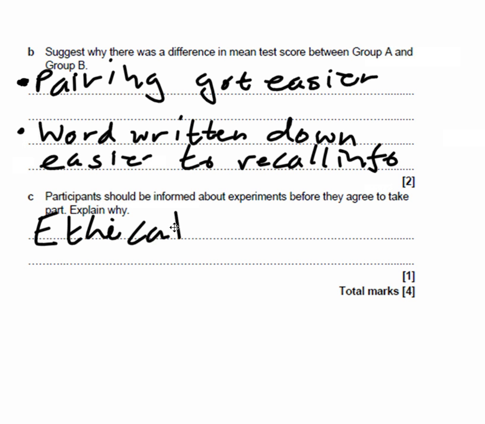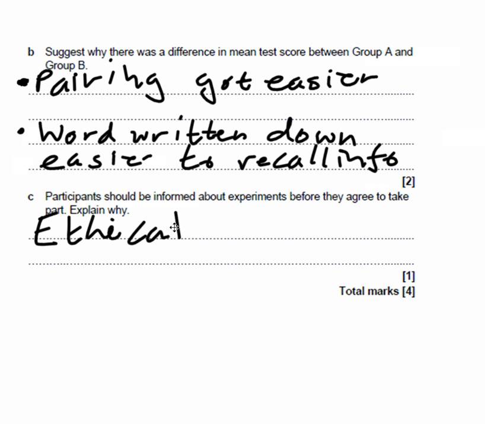It's someone's right to know that they're being experimented on. Other examples: people have the right to know what the experiment's about and how the data is going to be used. Some people would want to know whether they agree with it or not, so they would want to know what the experiment's about so that they could choose whether they agree with it.